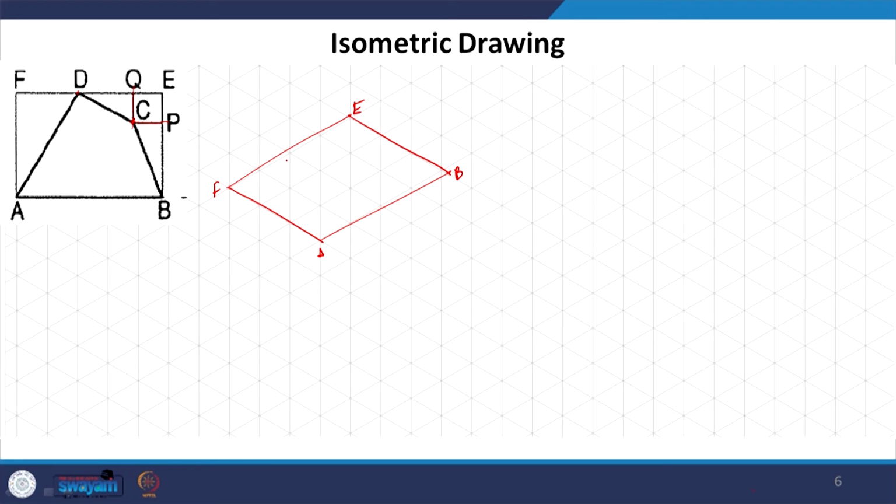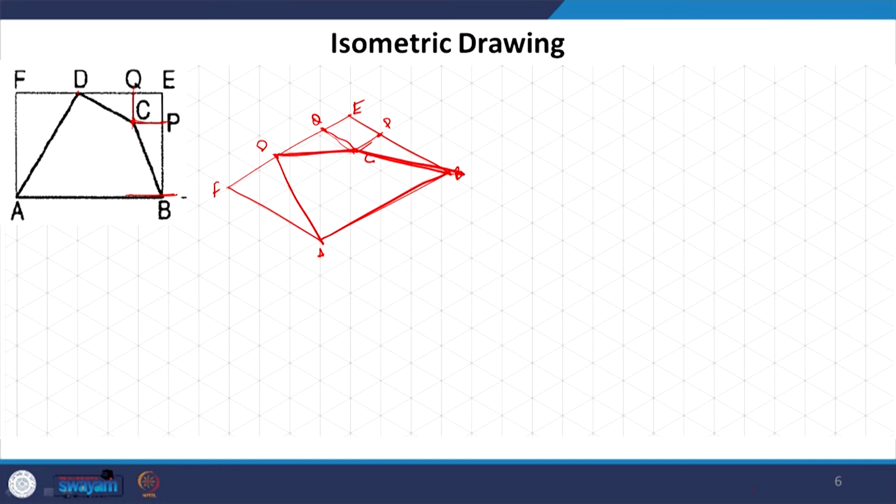Now, you have this D already. We mark Q and P, and when you connect Q and P, because Q is parallel to one of the axes and P is parallel to the other axis, we arrive at this C. Now you can draw your quadrilateral.